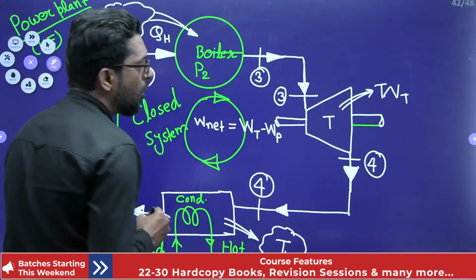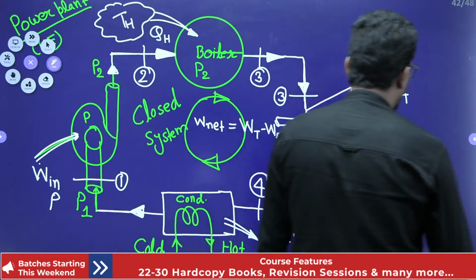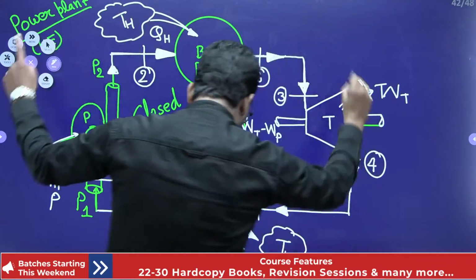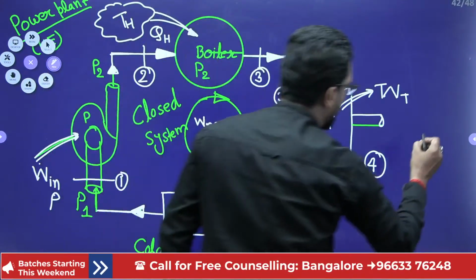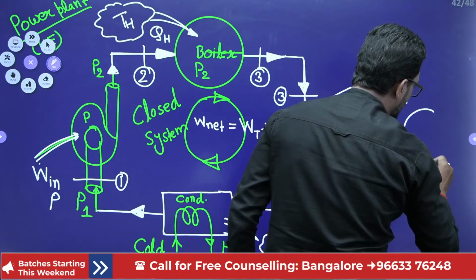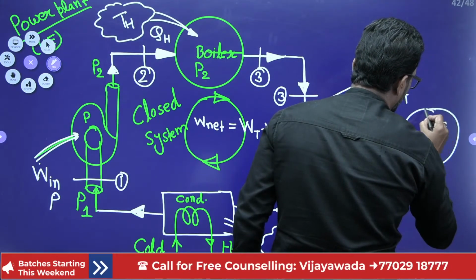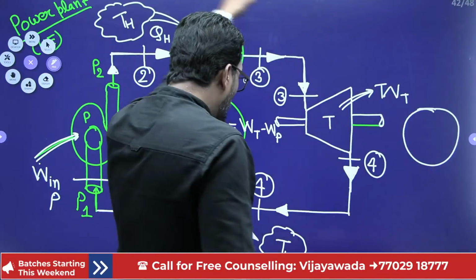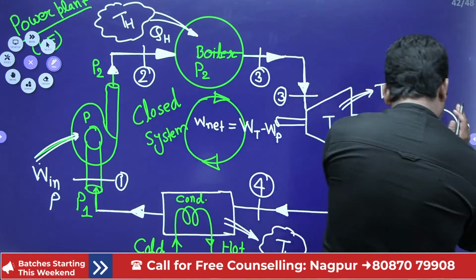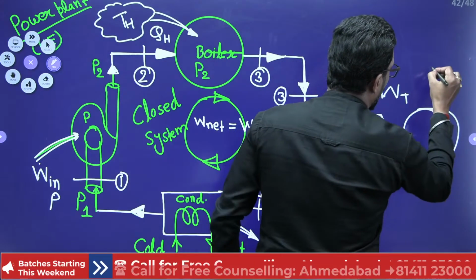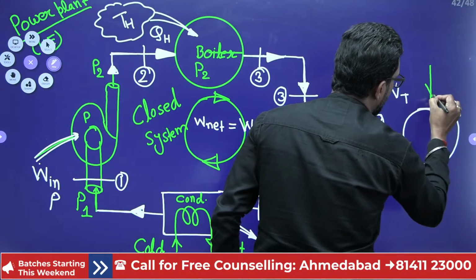How to draw a block diagram? So you take all these components, and this is your heat engine. Take all that. That is a closed system, and this closed system will extract heat from where?